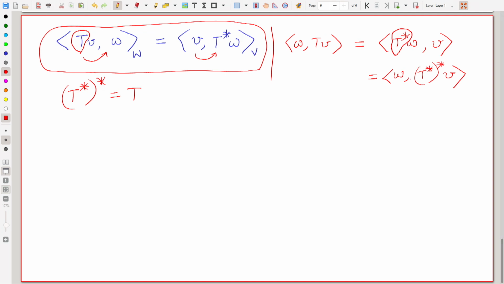By the same theorem that we did, for T* there should exist something called T**, its adjoint, which satisfies this inner product equation. But now you compare these two equations. This says ⟨w, Tv⟩ is equal to ⟨w, T**v⟩, and this is true for all w. So the same logic that we applied before tells us that T** and T are actually the same.